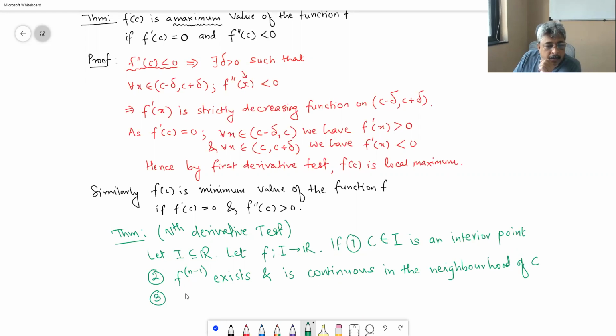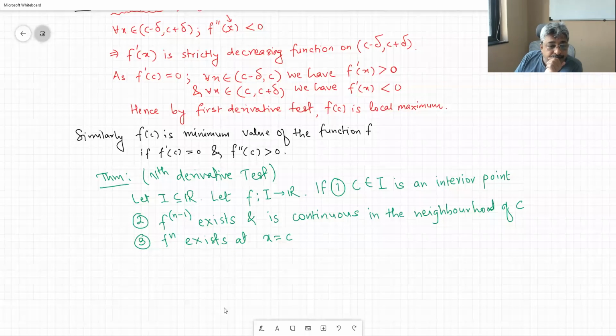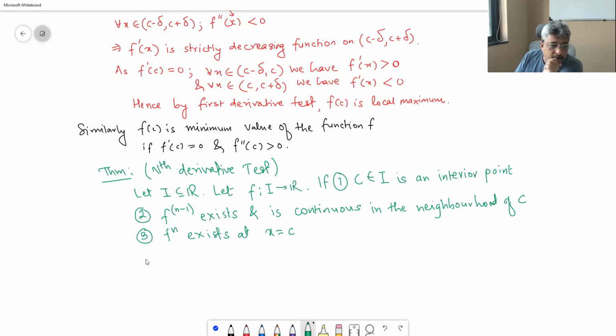Third, the nth derivative exists at x is equal to C. Fourth, f1 evaluated at C is equal to f2 evaluated at C is equal to f3 evaluated at C is equal to dot dot dot is equal to f n minus 1 evaluated at C is equal to 0.